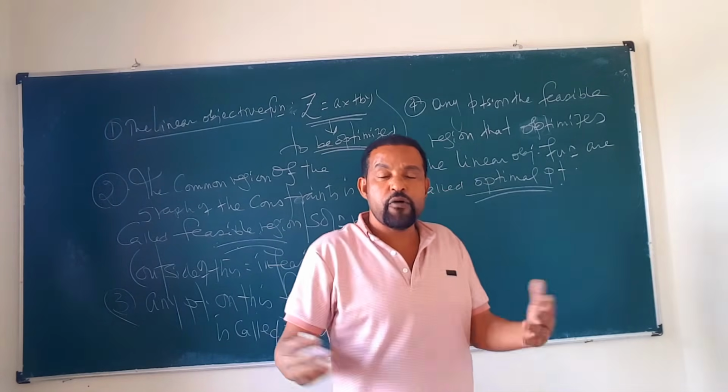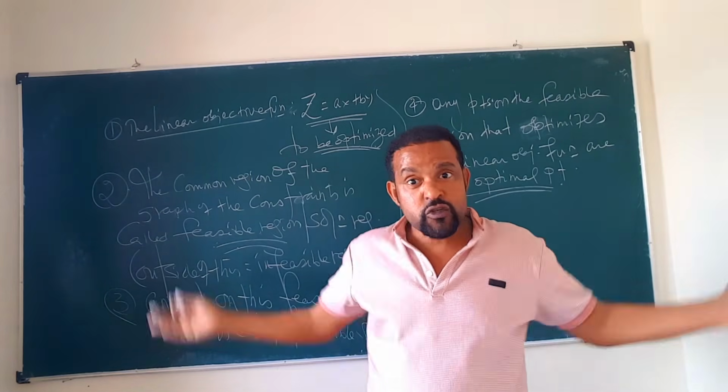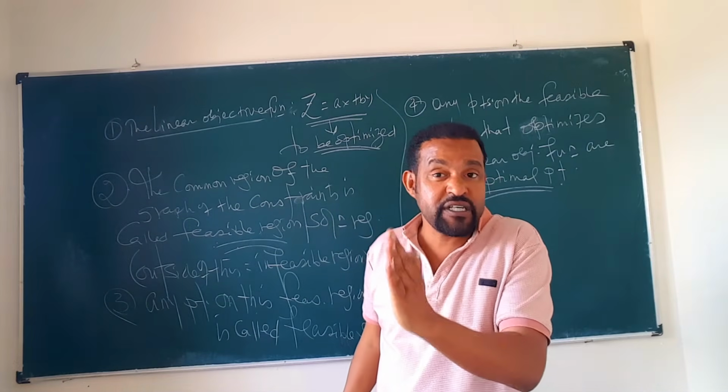So what is an optimal point? An optimal point is a point on the visible region, or on the visible solution, that either maximizes or minimizes the given linear objective function.